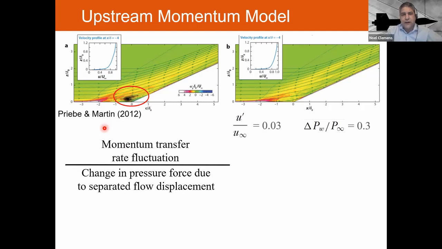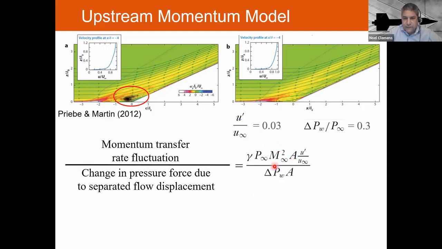So we said, assume that the upstream boundary layer fluctuation has a fluctuation in the momentum transfer rate, and then you compare that, this is a division, to the change in the pressure force due to the separated flow displacement, right? As I just mentioned, the pressure is higher here than here. And so you can write it in this form.